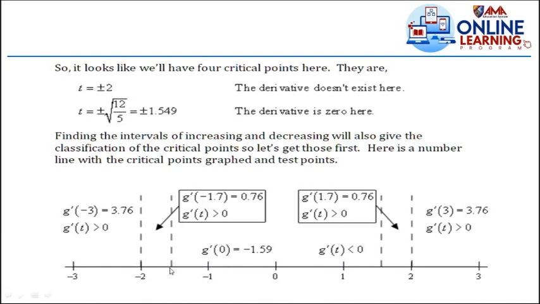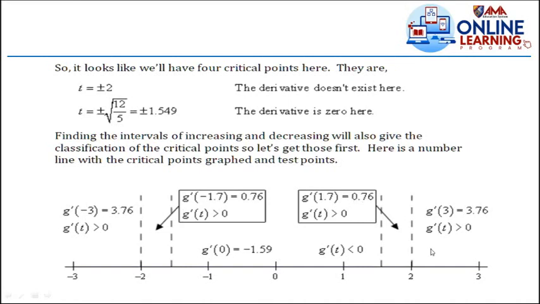Then we will have the tests. Within this area, if g prime is equal to negative 1.7, the answer is 0.76. Okay? Here, if g prime is 1.7, it is positive, the answer is also 0.76.